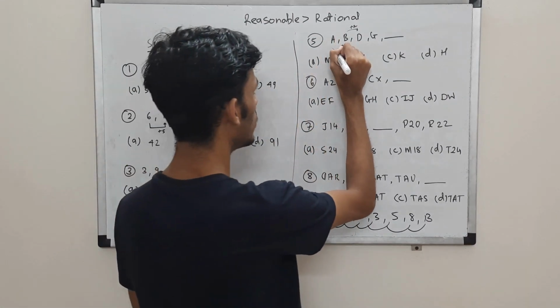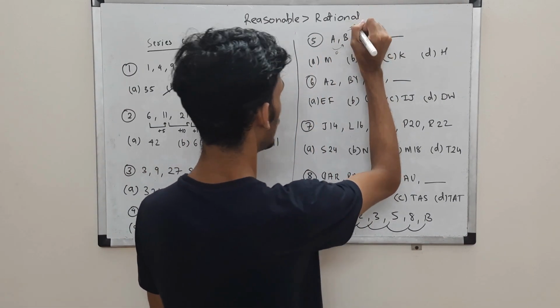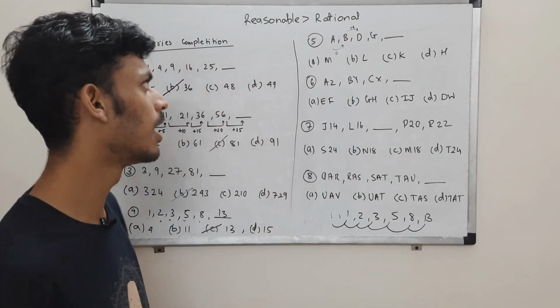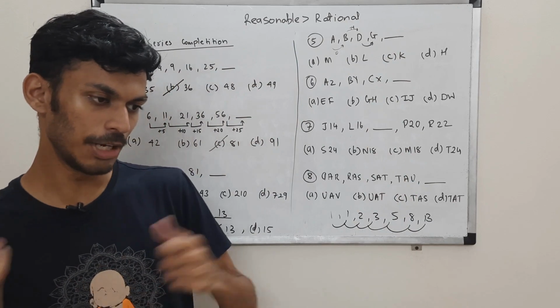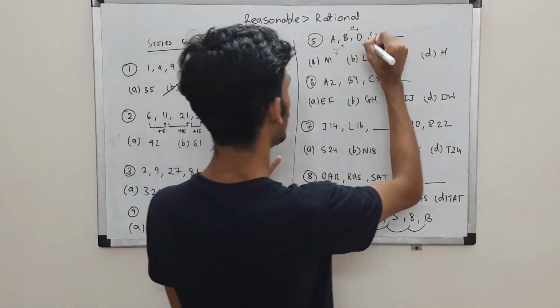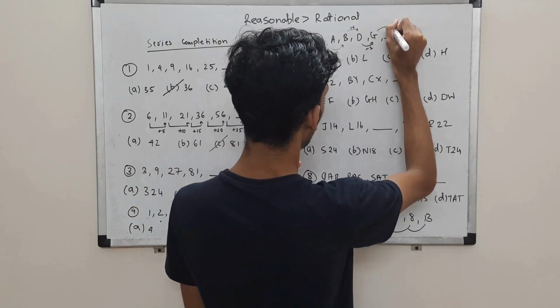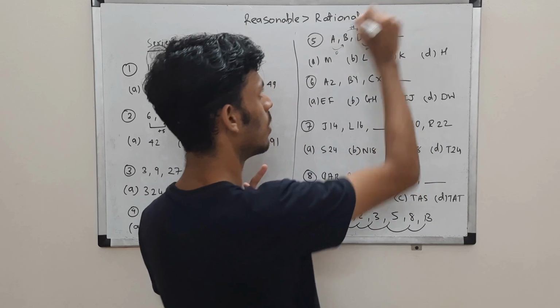Let's study it in terms of skipping. From A to B, no skip, 0 skip. Then B to D, we skipped C, 1 skip. Then D to G, we skipped E and F, so 2 letters skipped. So in the next step we'll have to skip 3 letters. It began with 0, 1, 2, now 3.